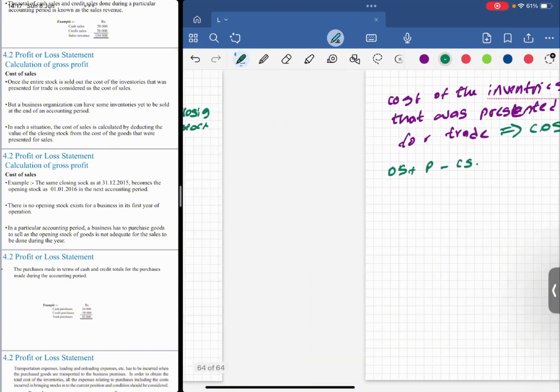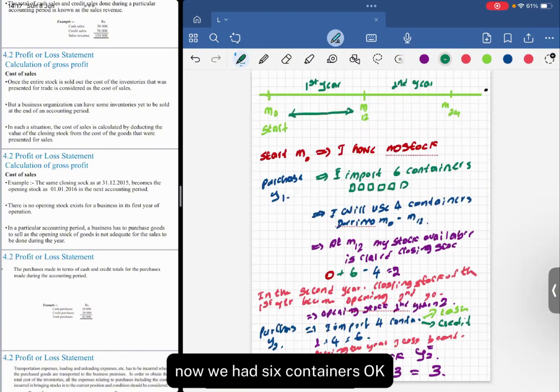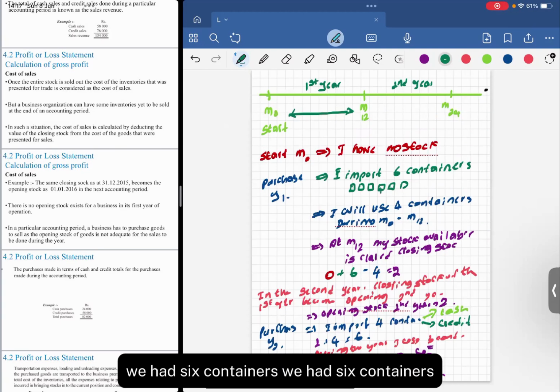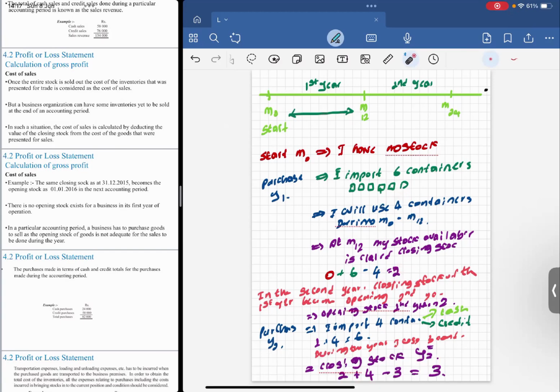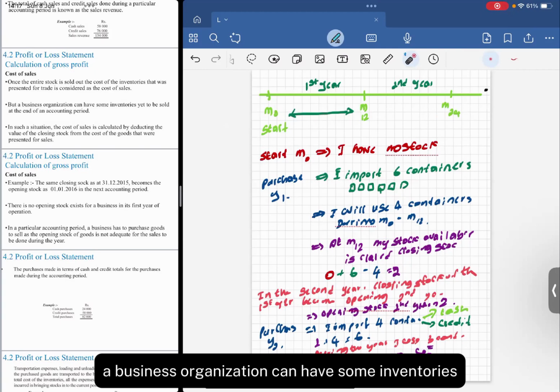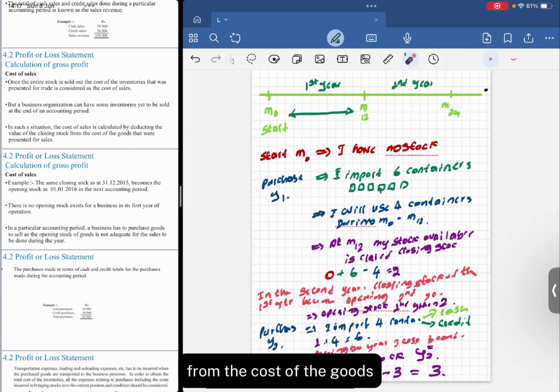Now we had 6 containers, we used 4 and we are left with 2. In such a situation, cost of sales is calculated by deducting the value of the closing stock from the cost of the goods that was presented for the sales.